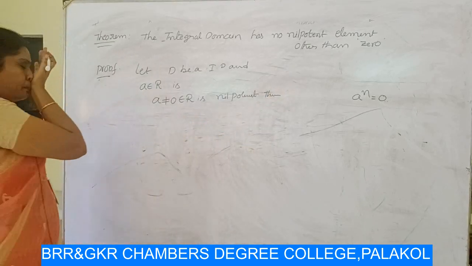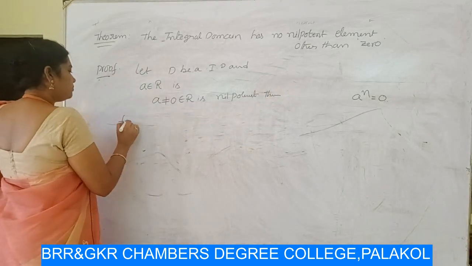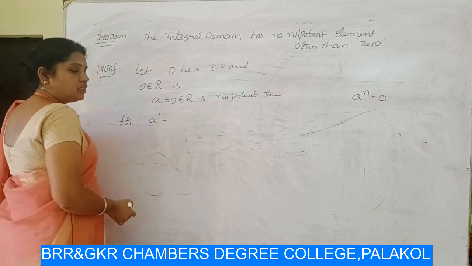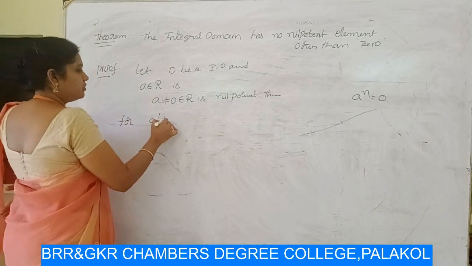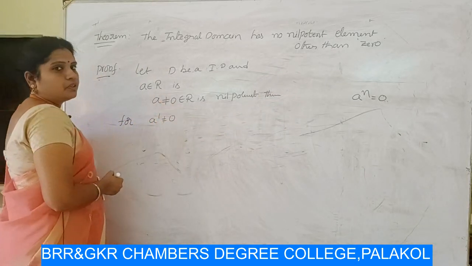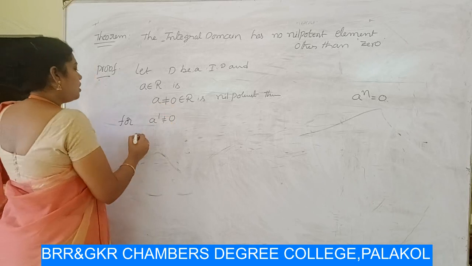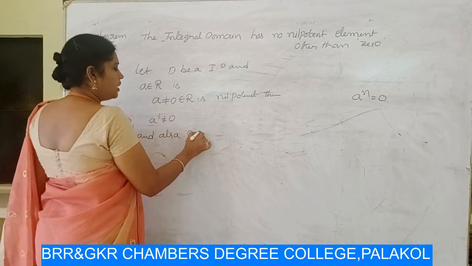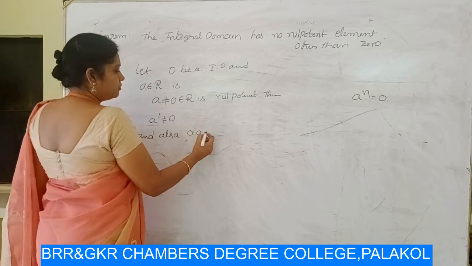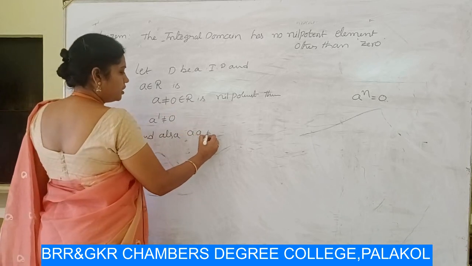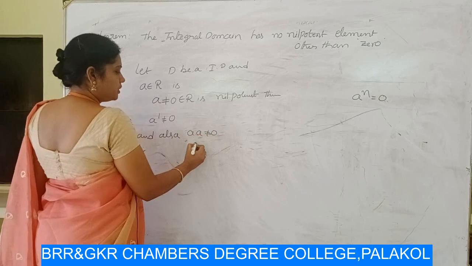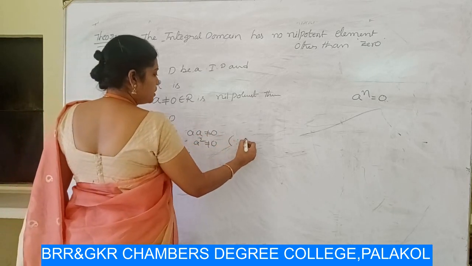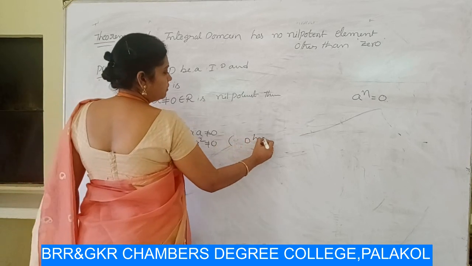We have to prove that A power 1 is not equal to 0. A is not equal to 0, so we can write A power 1 is not equal to 0. And also A into A is not equal to 0. That means A squared is also not equal to 0, since D has no zero divisors.